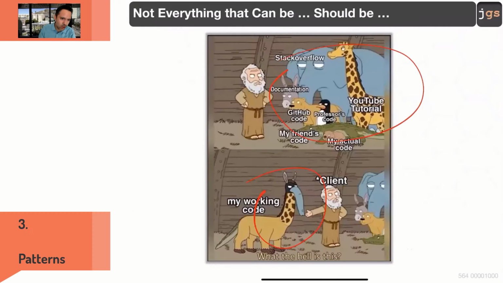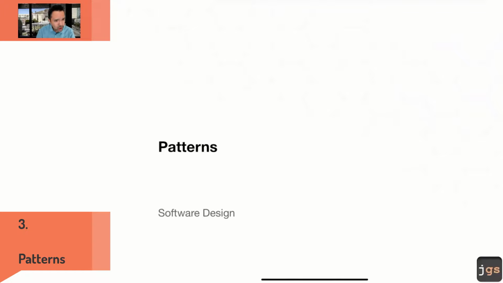Moving forward, good solutions. The fancy name for good solutions is patterns. In software, a pattern is a solution to one particular problem that we consider good enough, that we consider works. That is a good one. That is something that should be used in other similar problems that you have. The name for that is patterns.